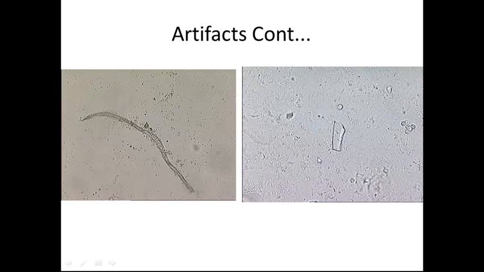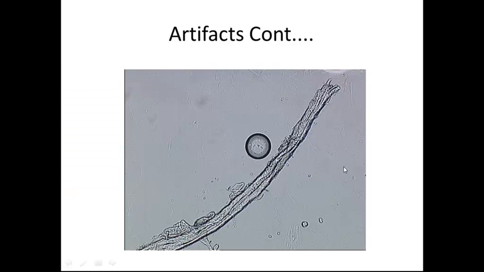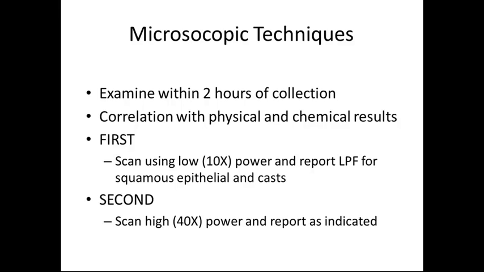Here looks like a hair of some sort. And then you can also have air bubbles that can form, hair, diaper fibers sometimes in children. So there are a lot of different artifacts that can show up, and we don't need to report those, but we need to look beyond them.